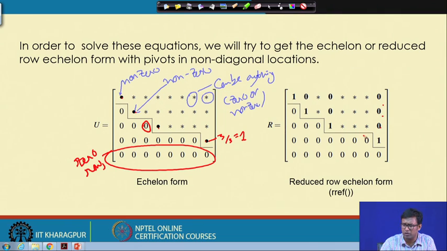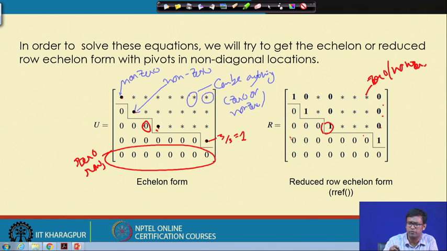In the non-pivoted columns, there can be some non-zero terms. So, these can be 0 or non-zero, any term, and then we will get a pivot which is 1, because it has been divided by its value in the echelon form matrix, and the above terms are 0.